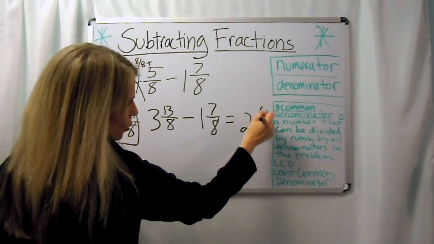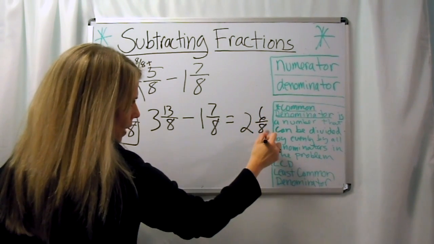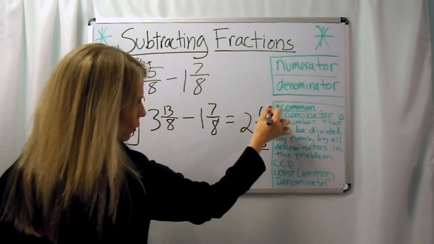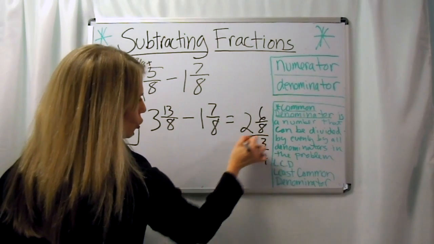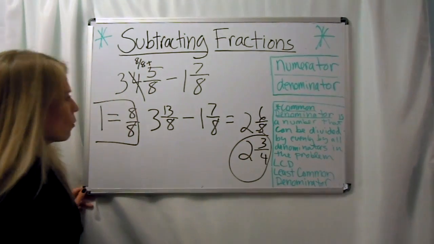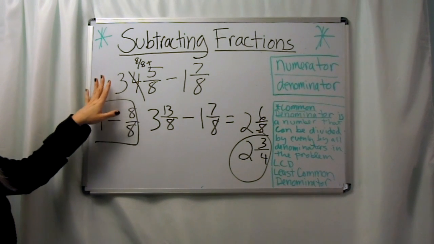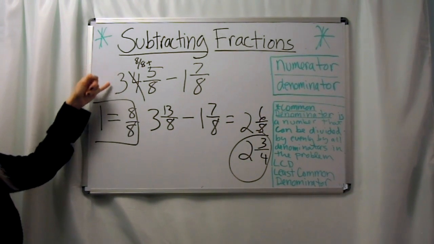Now again, we want to reduce here, so we divide by 2. When we divide the numerator and denominator by 2, we get 3/4. Our final answer is 2 and 3/4 for that one. I want to go back and take another look at this piece, because this is something that tends to confuse people.